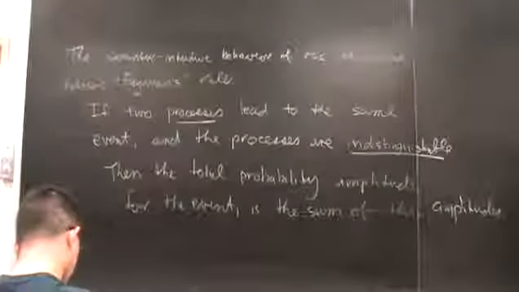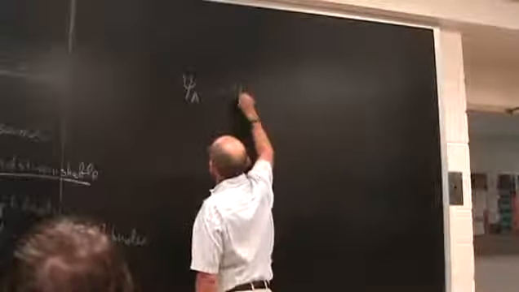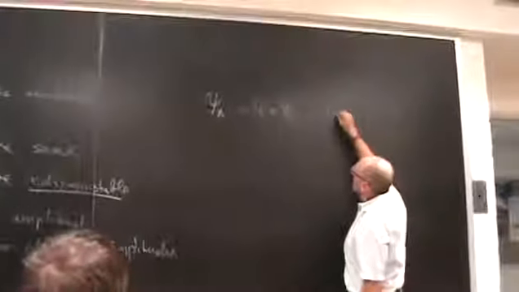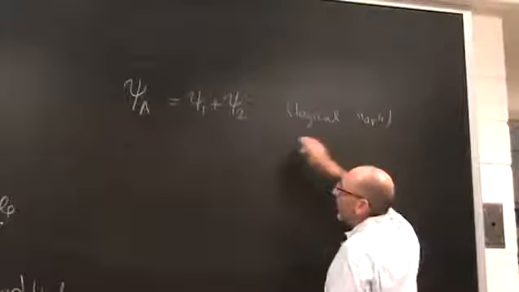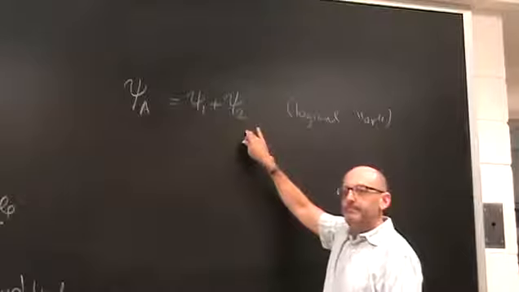So that if there is an amplitude, a complex number associated with detector A clicking, that total amplitude is the sum of the amplitudes for the two. The logical OR now involves the amplitudes rather than the probabilities.